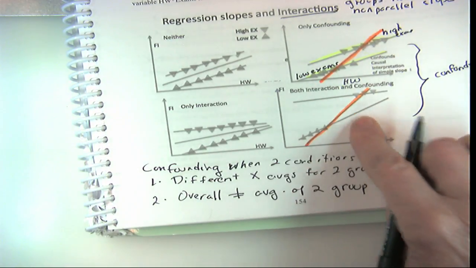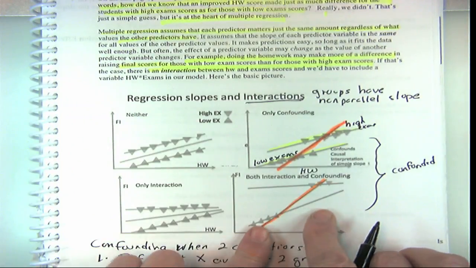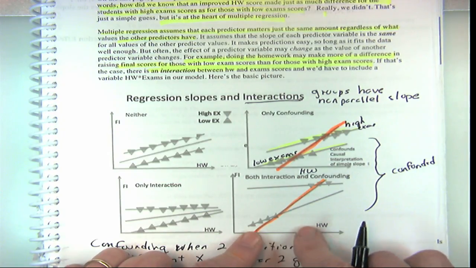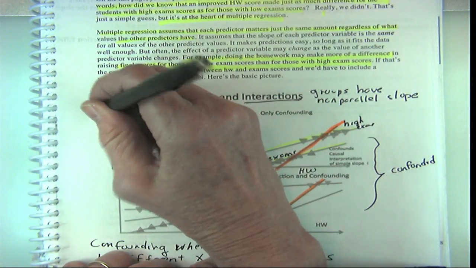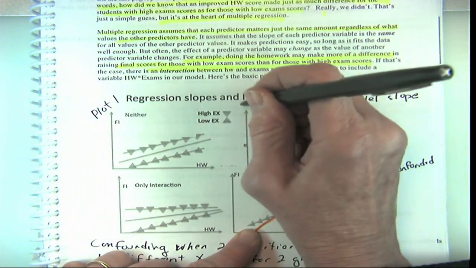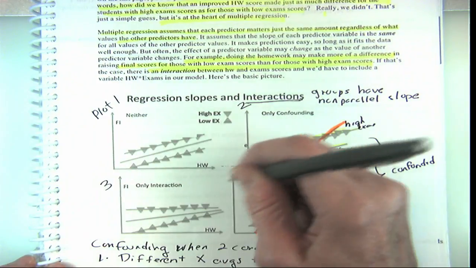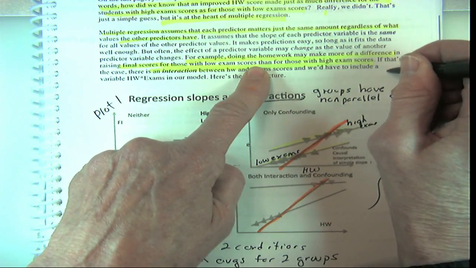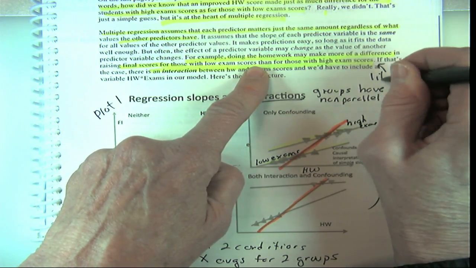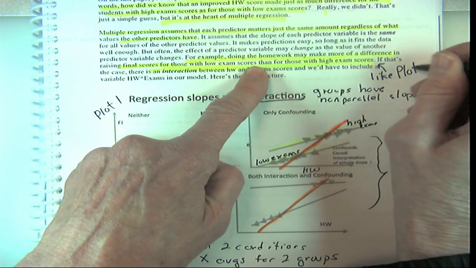And this right here is what I think might be going on. We just haven't looked at it yet. That maybe with homework, it's this picture. Let's label these. This is plot 1, this is 2, this is 3, and this is 4. This situation is like plot 4.